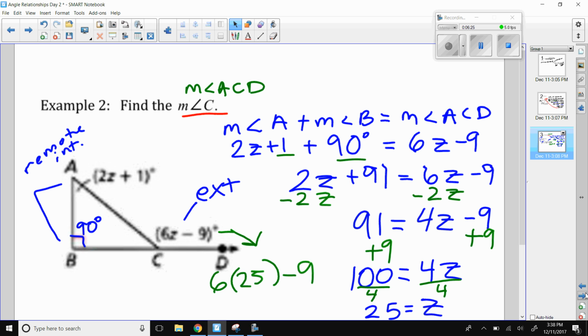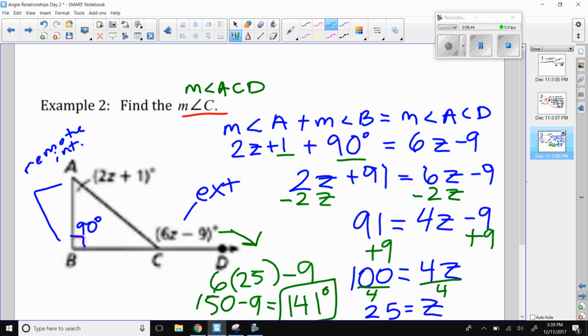So 6 times 25 gives me 6 quarters, so 150 minus 9, which equals 141 degrees as that exterior angle. And that's what we're looking for there.